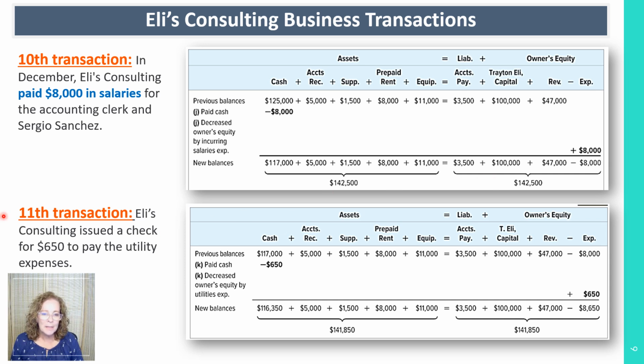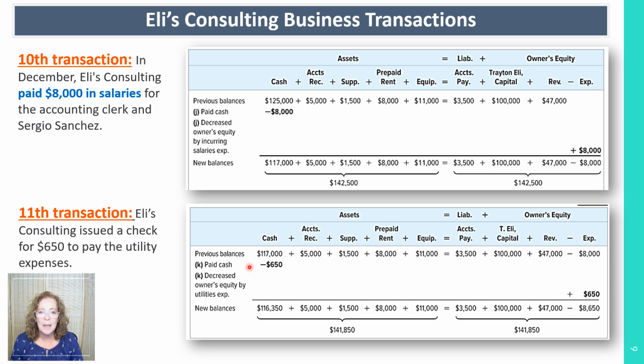The 11th transaction is very similar to the prior one. Eli's Consulting issued a check for $650 to pay the utility expenses. The cash decreased by $650, so let's write minus $650 into the cash column. And because we always need at least two parts for every transaction because of double entry bookkeeping, we need to also record that the expenses increased by $650.